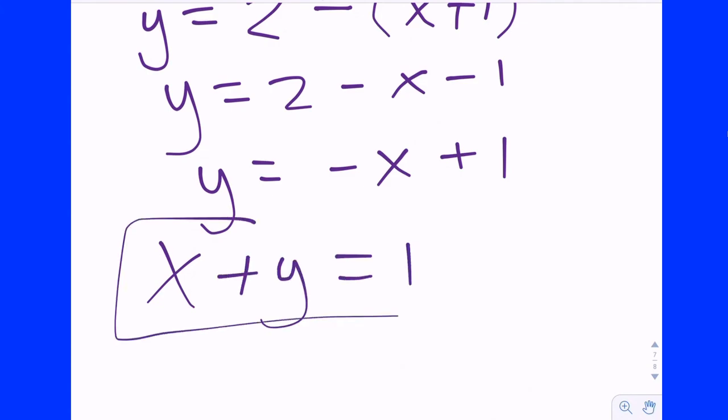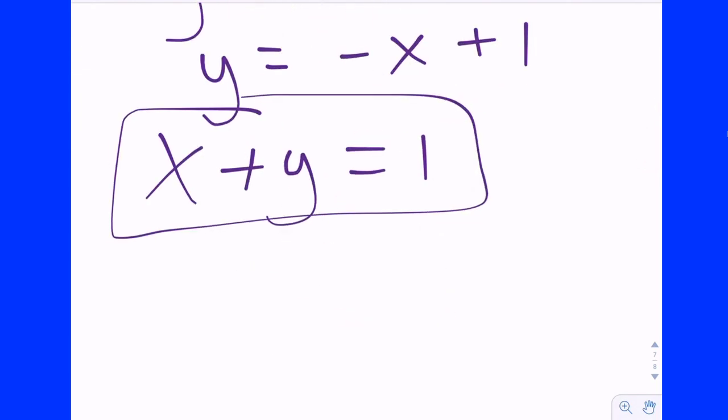On a multiple choice, it wouldn't say to put it into general form. It's not necessarily something that you're going to have to know the name of. But this would be an answer choice, and you would have to know, oh, okay, I need to get it into that form. Now, of course, if you multiply both sides by -1, it changes all the signs, so be aware of that. If you ever have some positive and some negative terms, you might not have the exact answer. Just multiply both sides by -1.